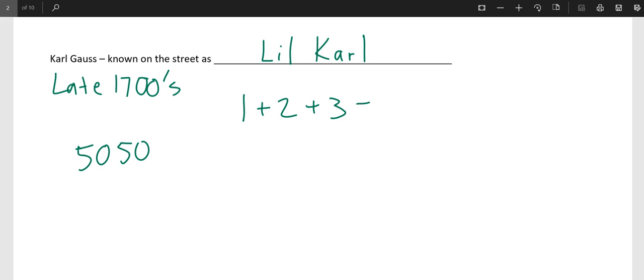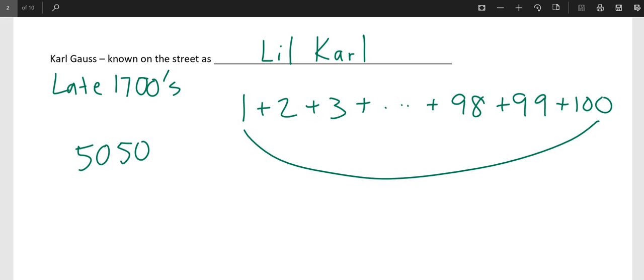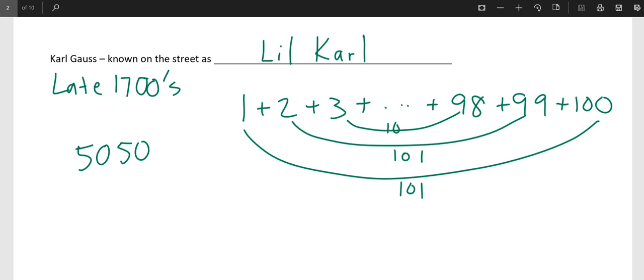He's adding the numbers from 1 to 100. And so he adds 1 plus 100, and that's 101. And then he added 2 and 99, which is 101. And then he added 3 and 98, which is 101.